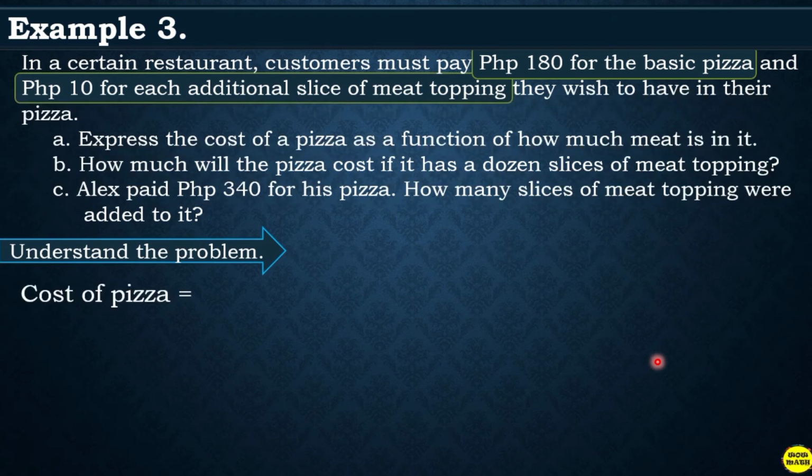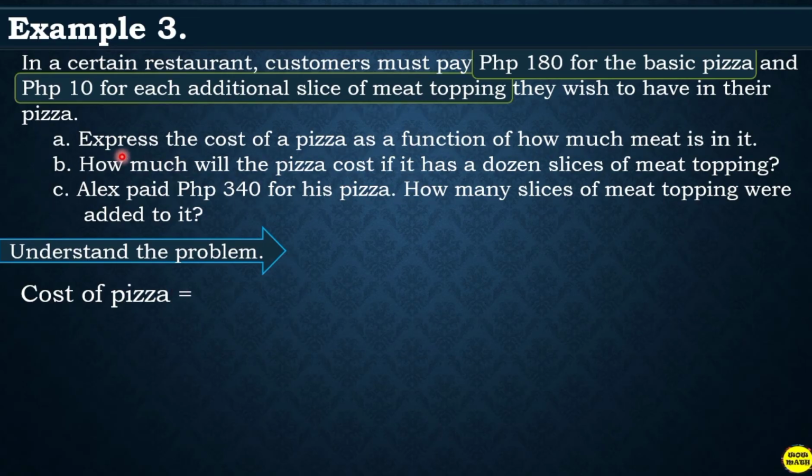Now, what is our linear equation? The cost of pizza, how much will they pay. Letter A: express the cost of pizza as a function of how much meat is in it.